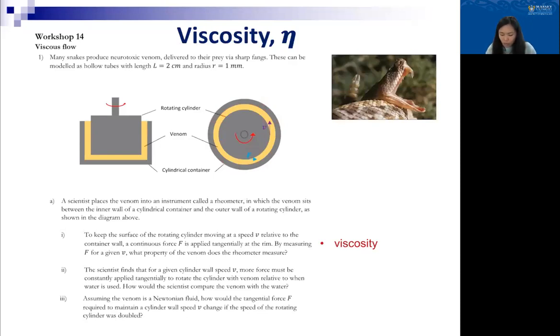Okay, and then for the second question, for a given cylinder wall speed v, more force must be constantly applied to rotate the cylinder when venom is the fluid between the walls compared to when water is used. So what can you say about venom and water? Which one is more viscous, the venom or the water?